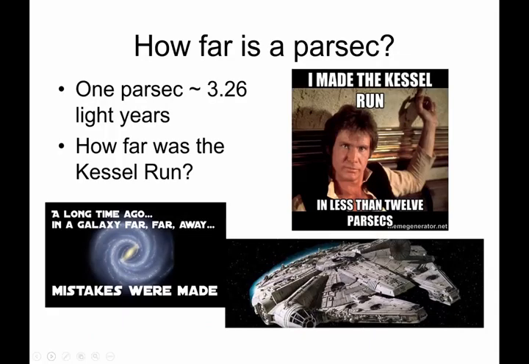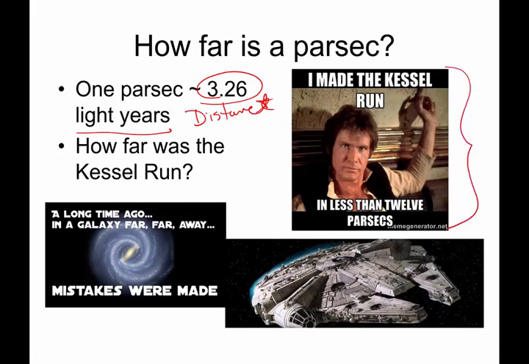Now, a parsec is a distance unit. This measures how far things are. 1 parsec is about 3.26 light years. Light year is also a distance unit. One of the things that gets very confusing is if you are a Star Wars fan, like I'm a Star Wars fan, Han Solo is standing there saying, I made the Kessel Run in less than 12 parsecs.